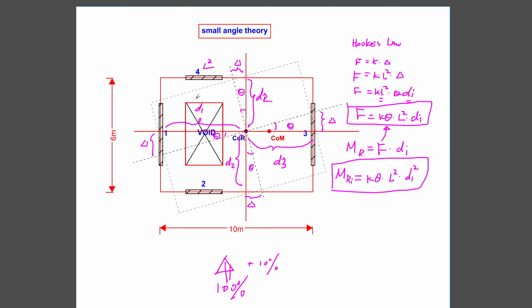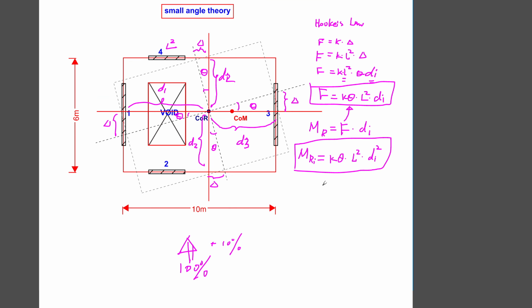Okay, so we've got 4 walls, and we need to work out what the k theta is. We don't necessarily need to know what k theta is in a moment, but eventually we can calculate them together. So how do we do that? The resisting moment of the wall is because the wall is resisting what?